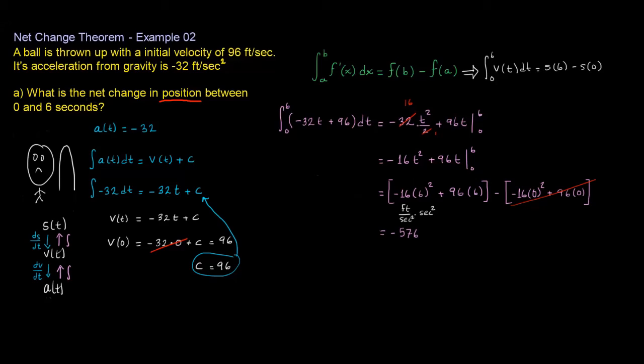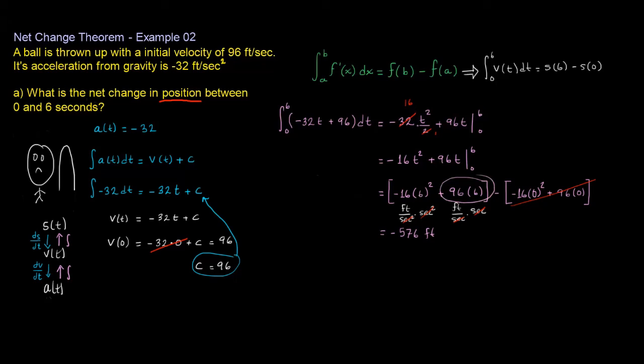So these units will cancel out the seconds. And with the other one, we are multiplying feet per second with 6 seconds, so we are canceling out the seconds as well. Remember, it's very important in this problem that units actually make sense. So this is negative 576 feet.